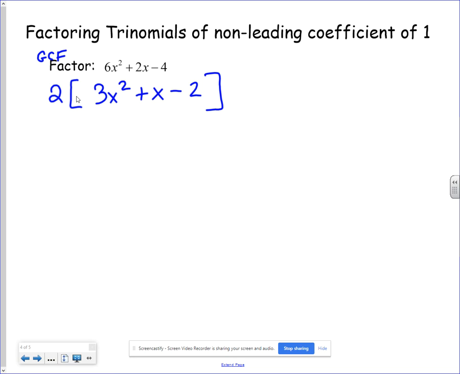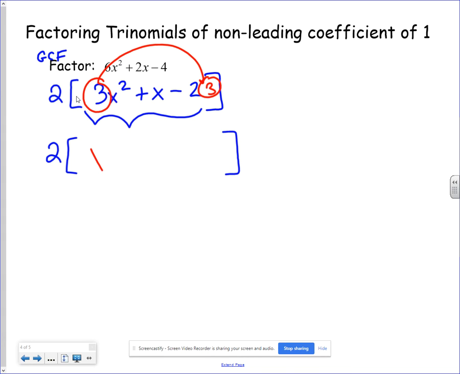So now what I've got to try to do is factor this part. We're going to keep bringing down the 2. But on this part, I'm going to use slip and slide. So slip the 3 to the back. So I get x squared plus x minus 6. What's in front of the middle term? A 1 there.